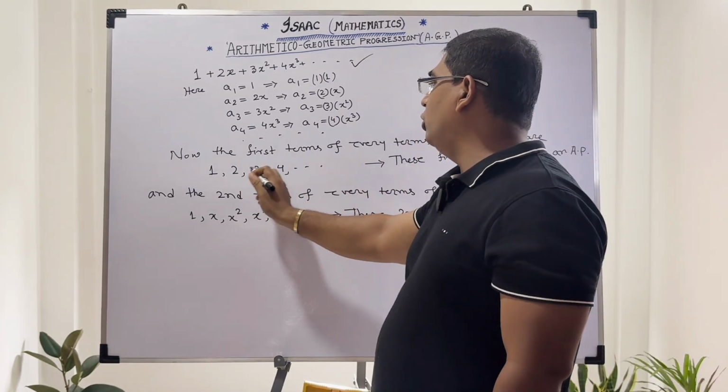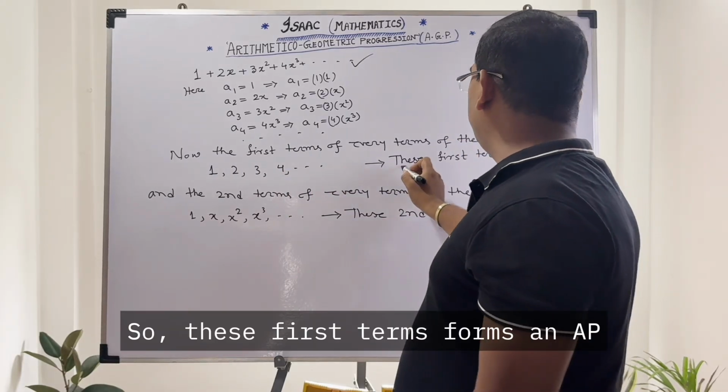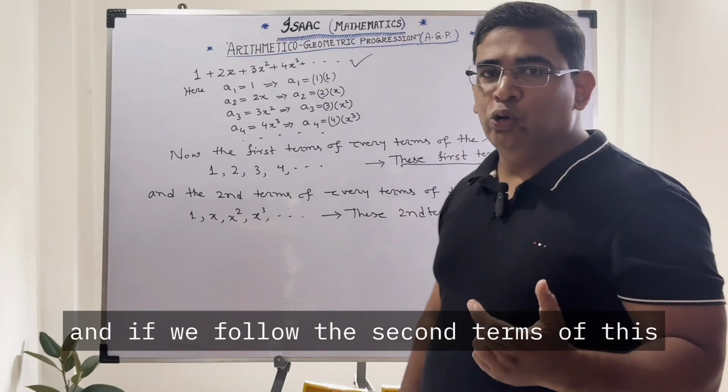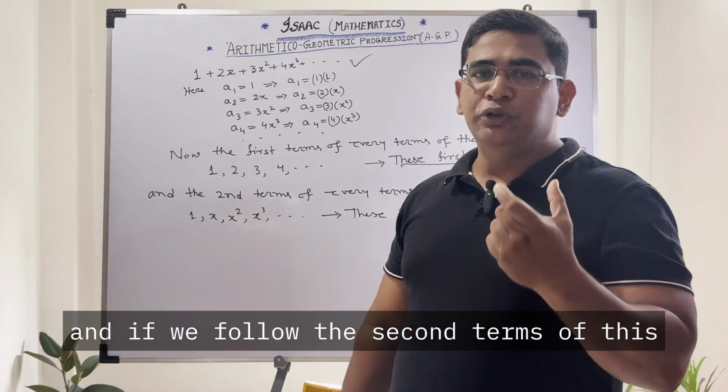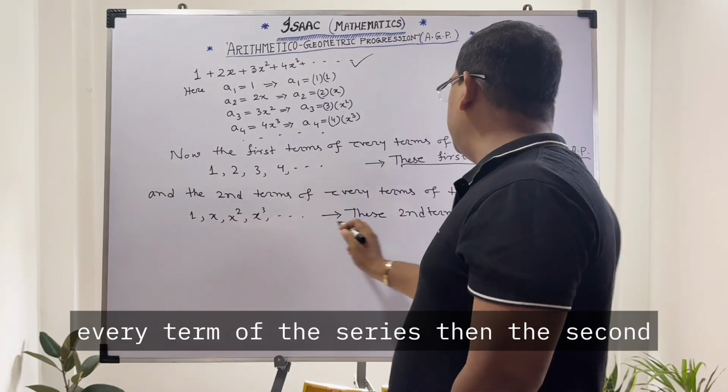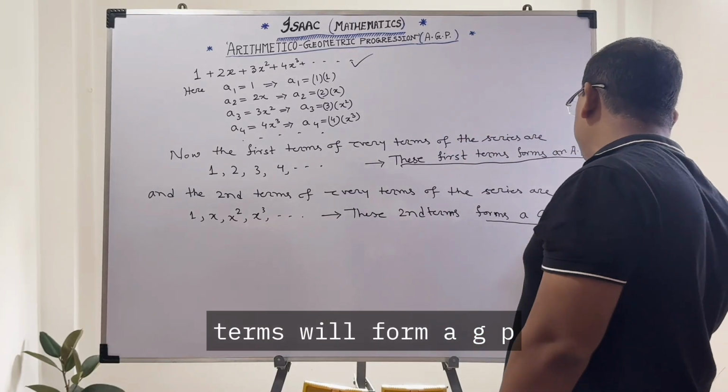first parts are 1, 2, 3, 4 continuing. So these first parts form an AP. And if we follow the second parts of every term of the series, then the second parts will form a GP.